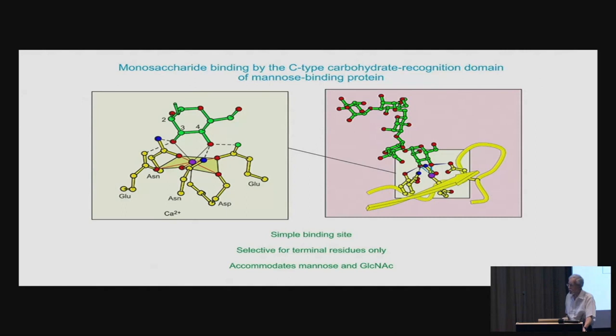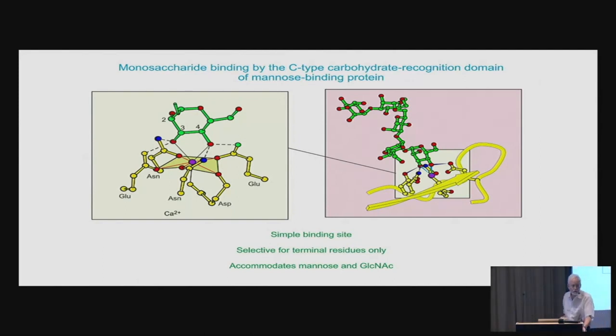So it's a very simple binding site, but it already does give you some selectivity, because the geometry requires that those two hydroxyl groups, in this case, be in the equatorial positions. And amongst the naturally occurring sugars in biological systems, that means primarily mannose, which is shown here, or N-acetylglucosamine, which would differ at the 2 position, and therefore that doesn't matter.